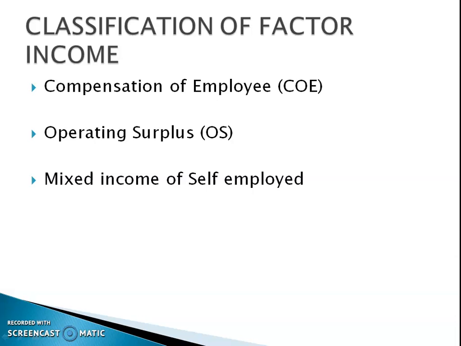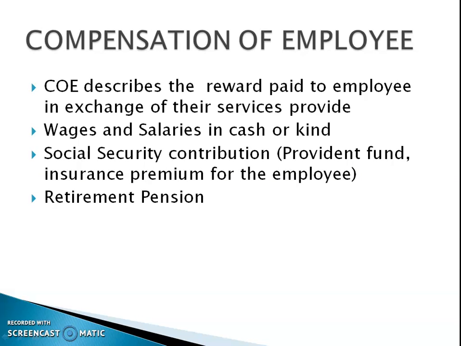Let us explain this factor income in detail. First one, compensation of employees, COE. Compensation describes the reward paid to employees in exchange for the services provided. This includes payment made by the producer in the form of wage, salary, etc. Wage and salary can be paid either in cash or in kind.